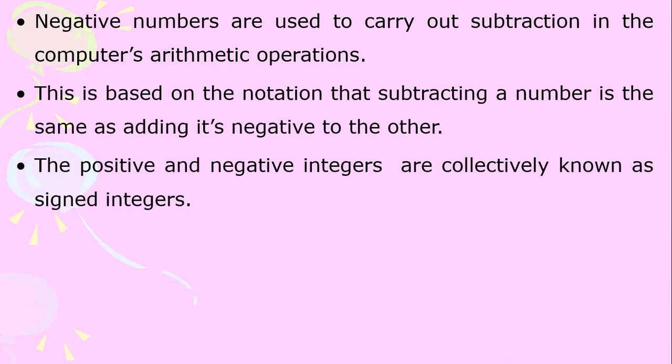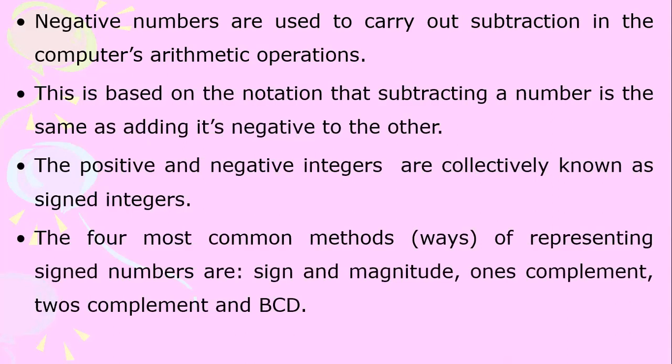The positive and negative integers are therefore collectively known as signed integers. The 4 most common methods of representing signed numbers are sign and magnitude, 1's complement, 2's complement, and BCD.